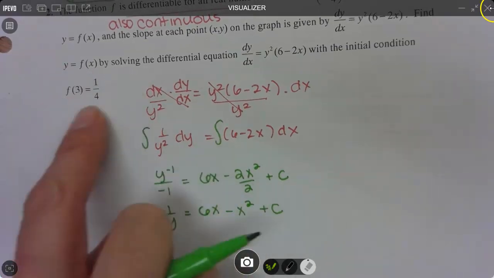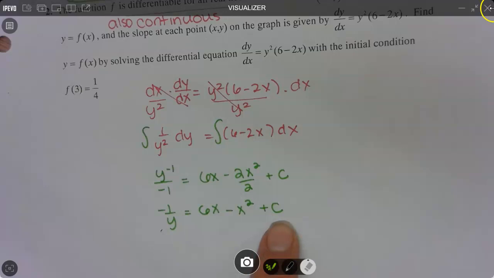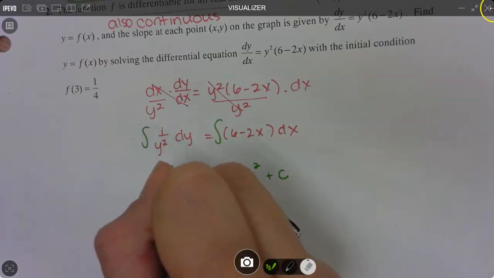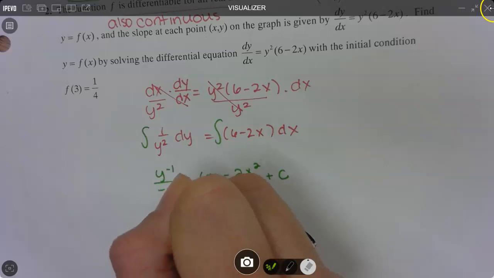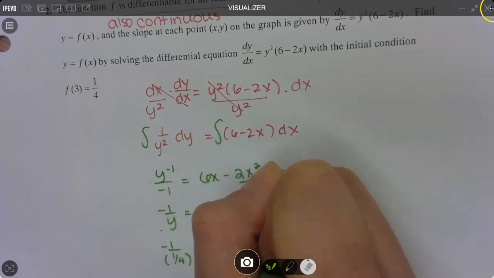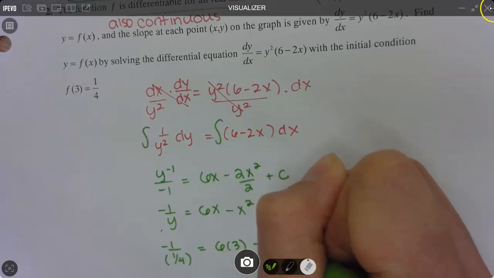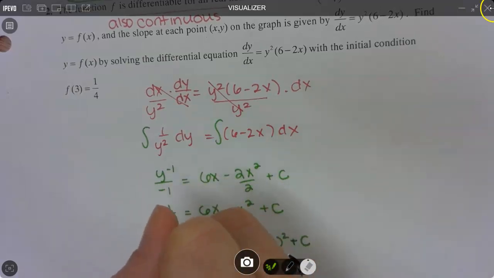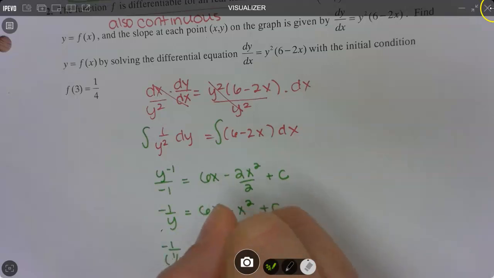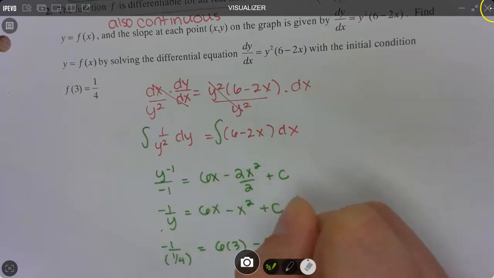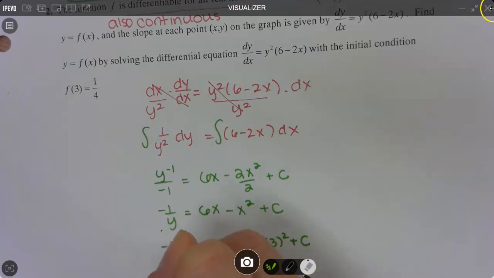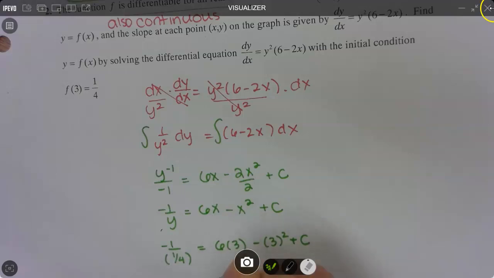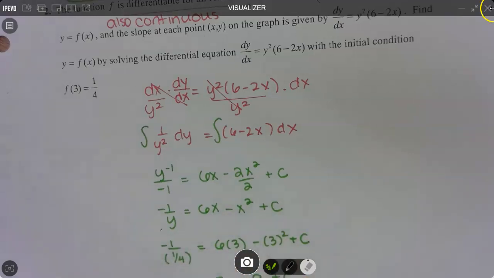At this point, I can plug in to solve for c, and I get c is equal to -13.